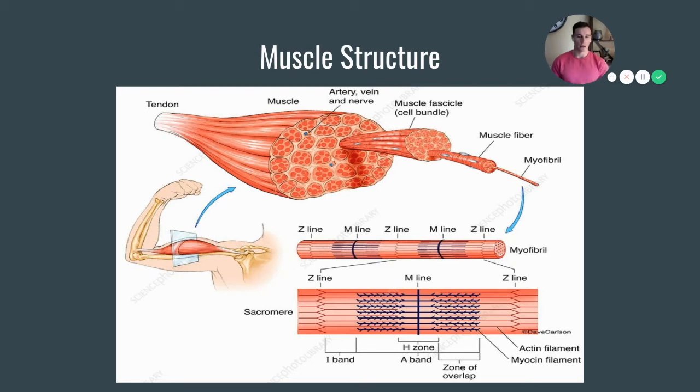Then at the bottom end of the picture, a couple of things we're going to be talking about are your sarcomere, actin, and myosin. When we're talking about muscle contraction, sliding filament theory, it's important you know about actin and myosin and how that works. We're going to talk about that in a bit more detail in a second. And when we talk about sarcomere lengths, it's important that you can visualize where that is and how that fits within the muscle structure.